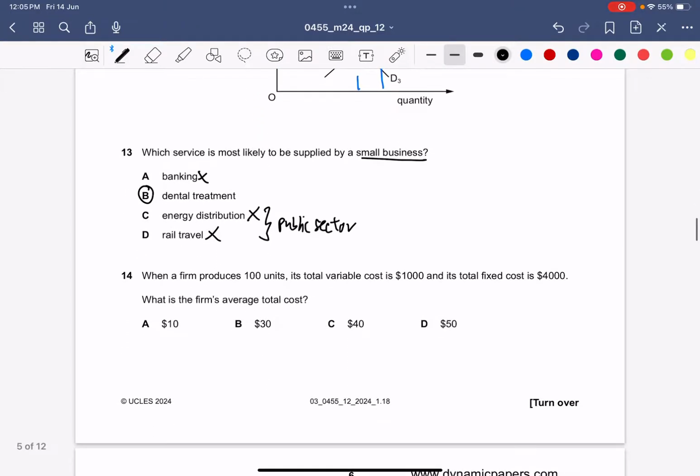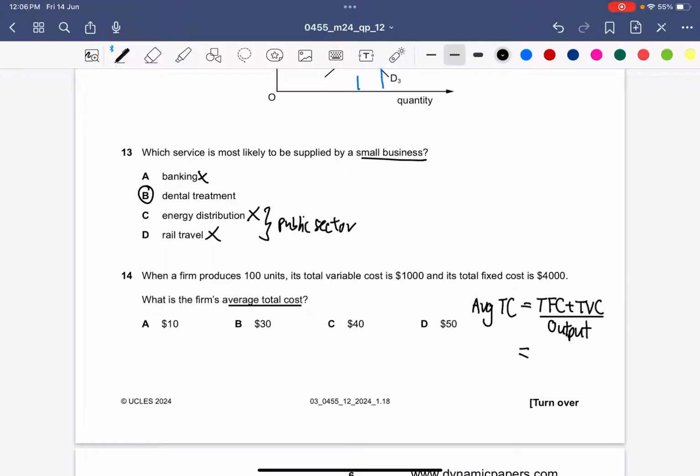Question 14. When a firm produces 100 units, its total variable cost is 1,000 and its total fixed cost is 4,000. What is the firm's average total cost? So the formula is average total cost is total cost, which is total fixed cost plus total variable cost, divided by the output level.